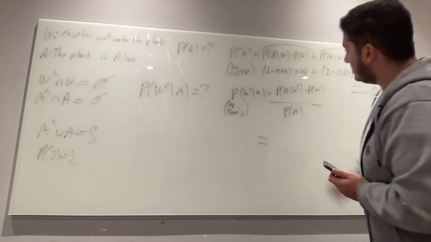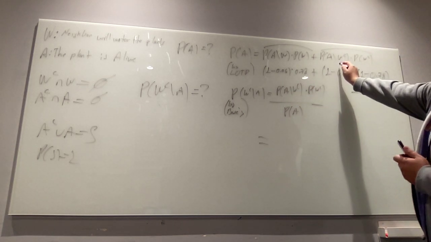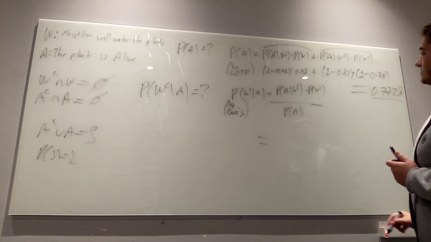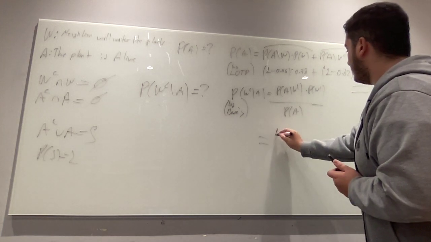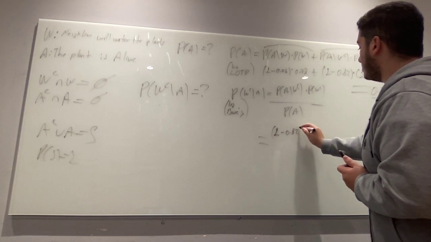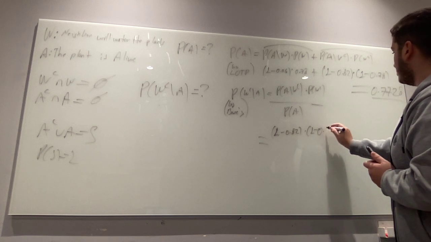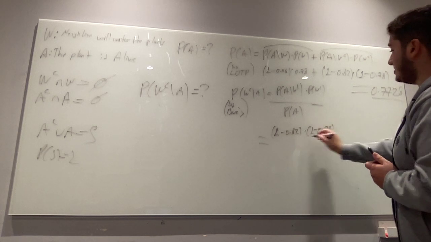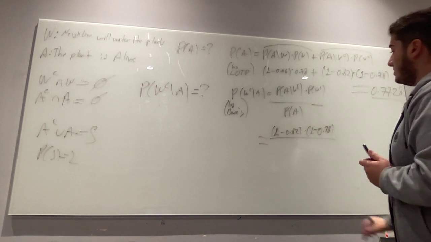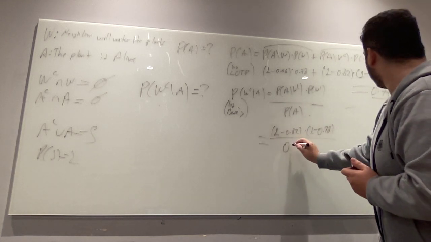So, what is it? That's here, right? 1 minus 0.82 times 1 minus 0.78 over probability A, which is here, 0.